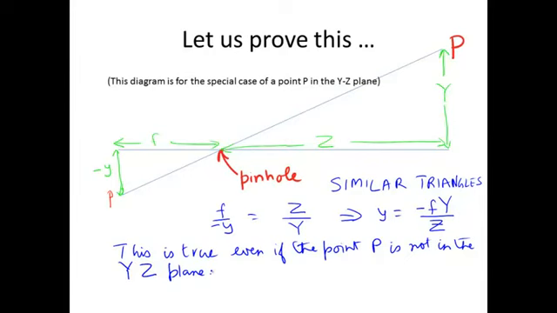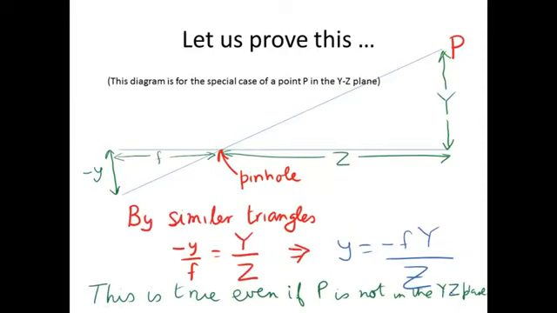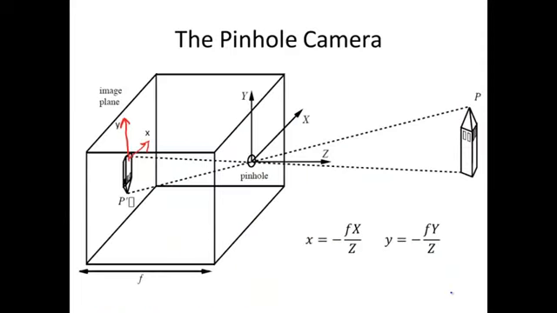So we have derived this equation for the projection of the Y coordinate, and by similar reasoning we can expect that we will get a relation of the type x equals minus f X upon Z. This just states this, and now I've written out this equation in nice mathematical notation.